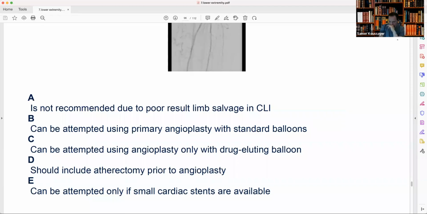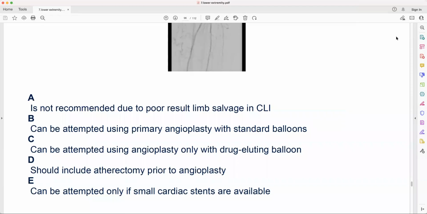We as surgeons go to the option of surgery when we see images like this.